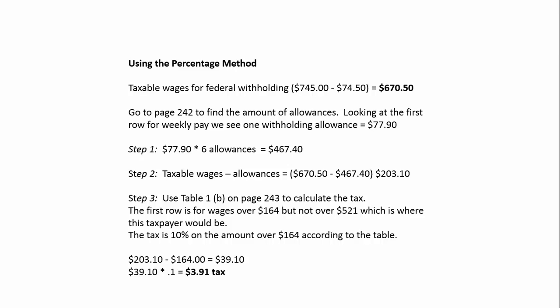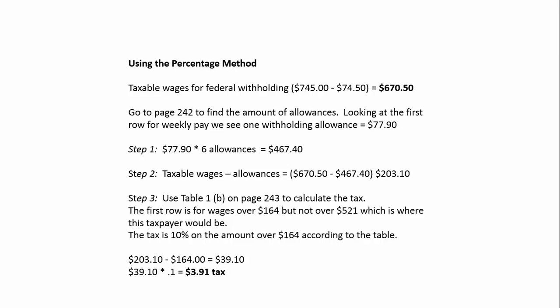The first row is for wages over $164 but not over $521, which is where this taxpayer would be. The tax is 10% on the amount over $164 according to the table. What that is telling us is that the first $164 is not taxed, but whatever is over that will be taxed at 10%.